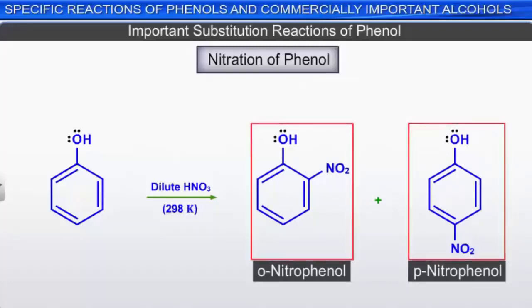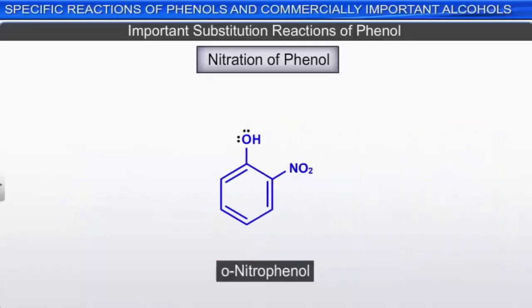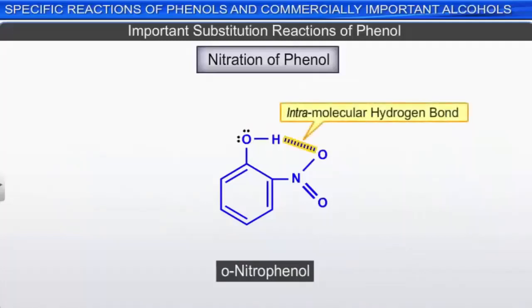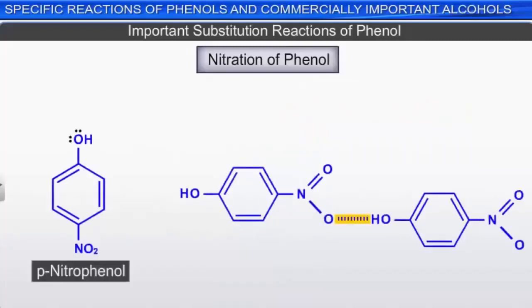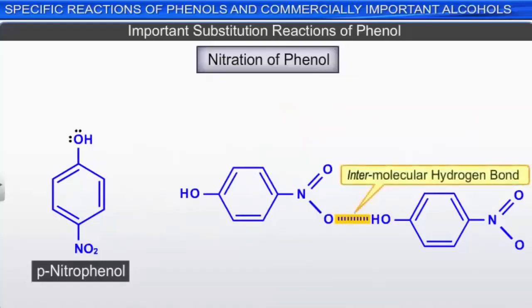As the illustration shows, orthonitrophenol can participate in intramolecular hydrogen bonds. The para isomer can participate in hydrogen bonds between molecules. The intermolecular hydrogen bonds hold the para nitrophenol molecules together.